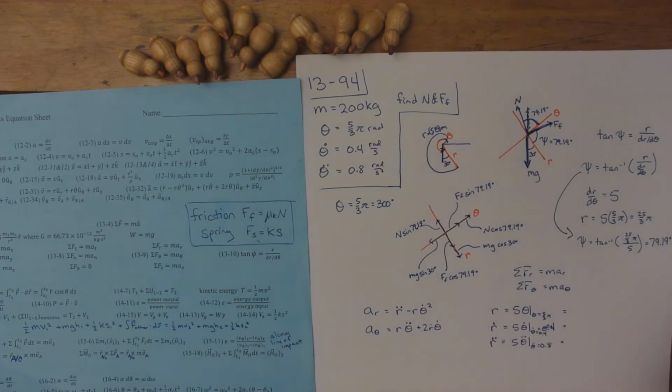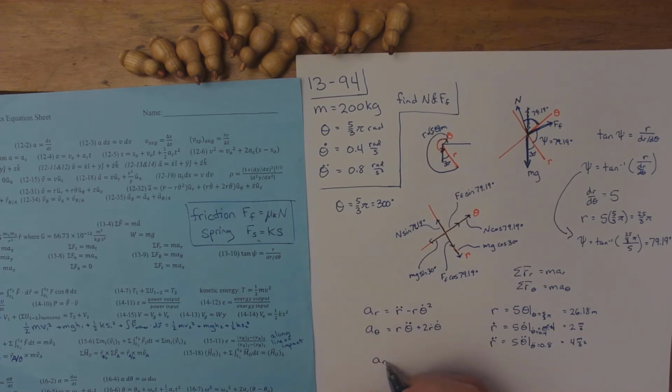So I have 26.18 meters for r, and I have 2 meters per second for r dot, and I have 4 meters per second squared for r double dot. So now I can find my components for acceleration.